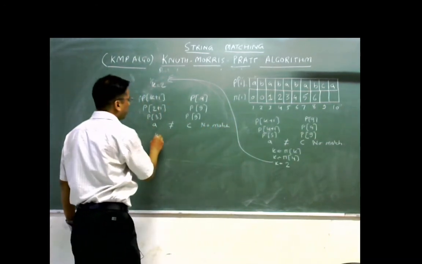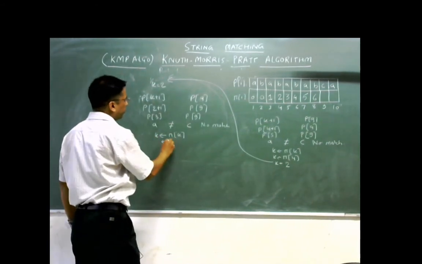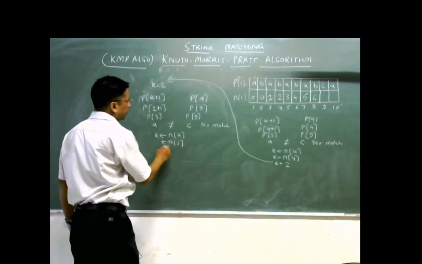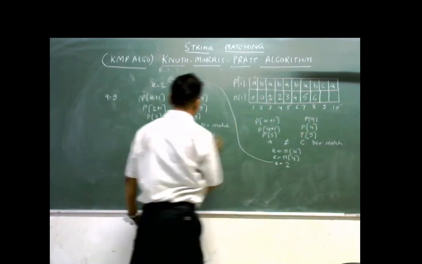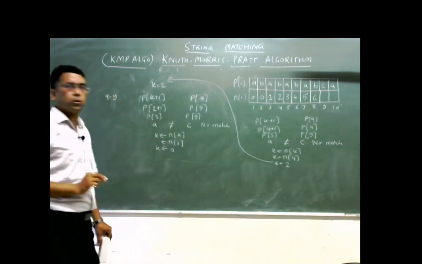So k would become pi k, meaning pi of 2. Pi of 2 is equal to 0. So k would become equal to 0.